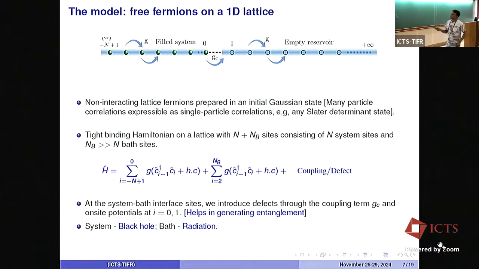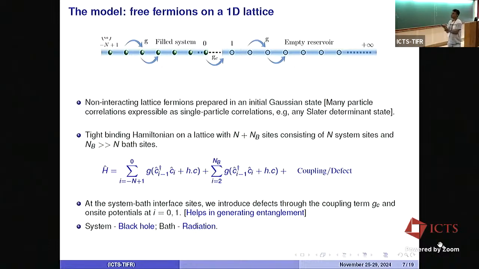The Hamiltonian is just free hopping between sites with this parameter g, both in the system and the reservoir. And then there's a defect at this site, which is important. If you didn't have the defect, things would be quite different. This defect is important in actually generating entanglement.